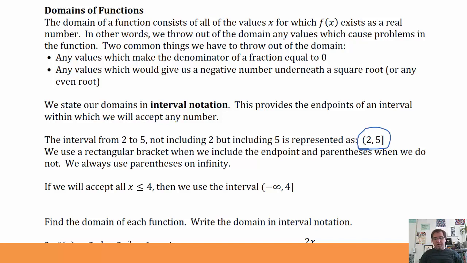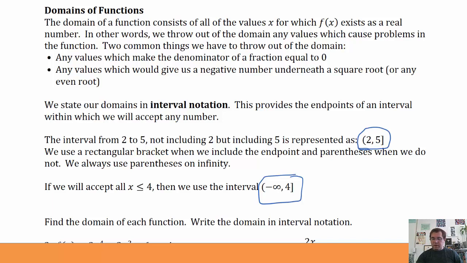For example, if we will accept all x less than or equal to 4, then we use the interval starting at negative infinity and going to 4, because it's less than or equal to 4, we'll put a rectangular bracket around 4 because we will include 4. And we always use parentheses around infinity because infinity is not technically a number. It can't be included. But anything smaller than 4 will work.